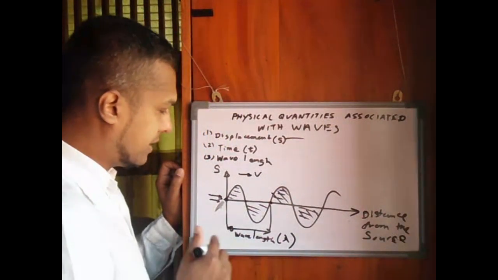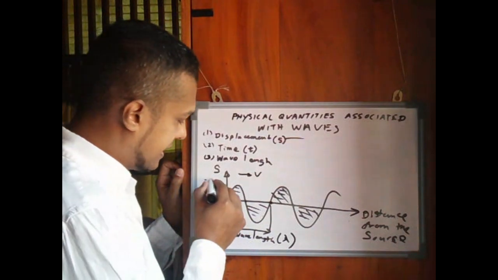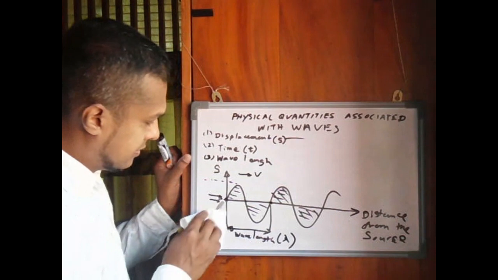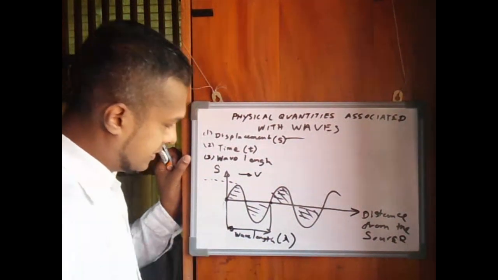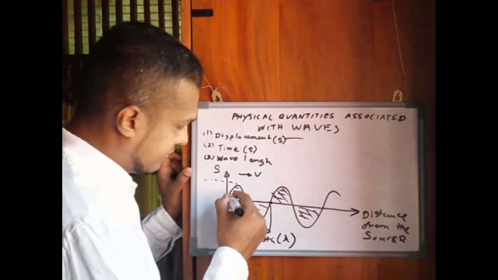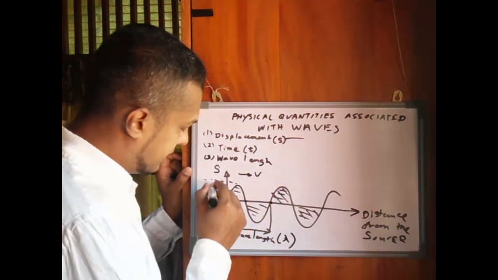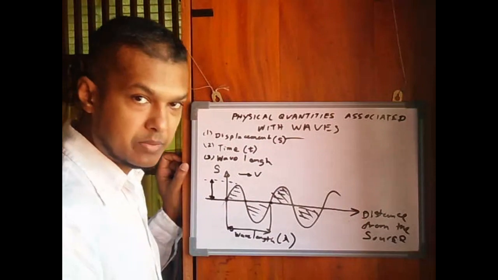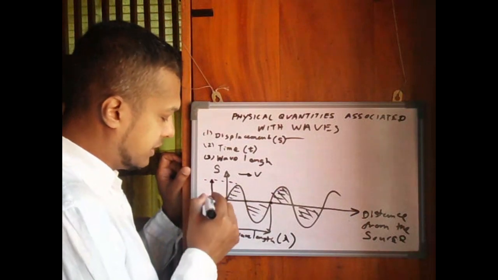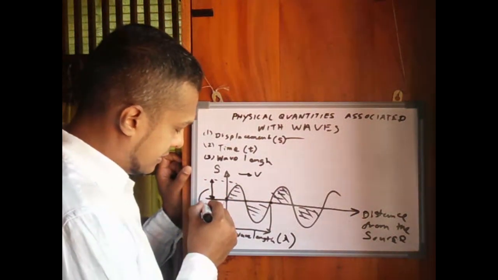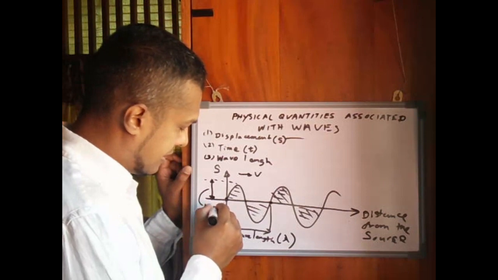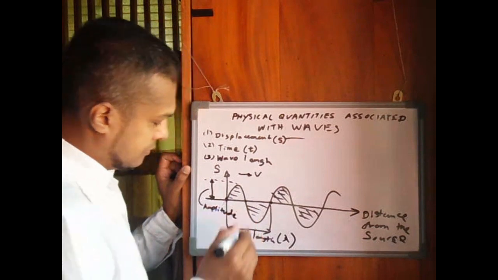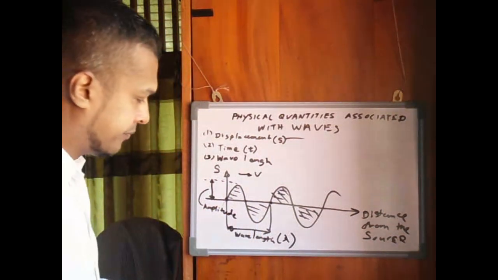There's another parameter that we need to understand. When you consider a wave like this, this particular distance, which is the maximum displacement, we call amplitude.